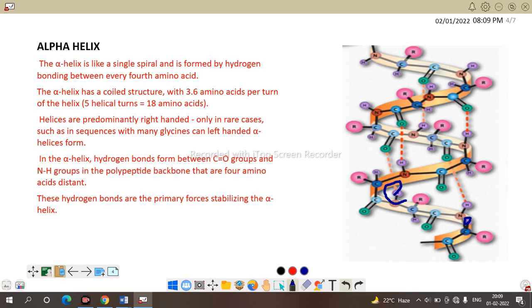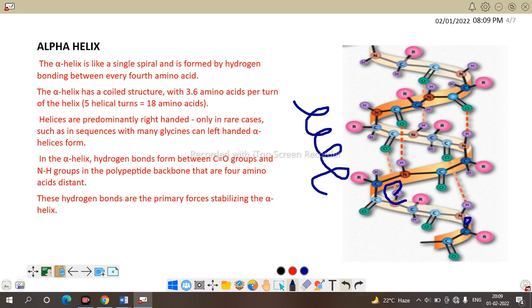The alpha helix has a coiled structure with 3.6 amino acids per turn. In our last slide we saw the coiling of the alpha helix looks like this.